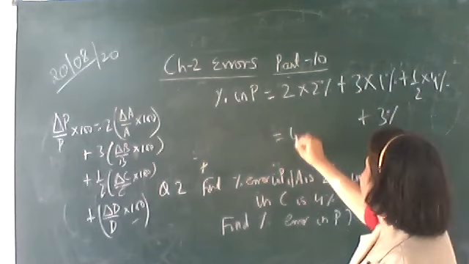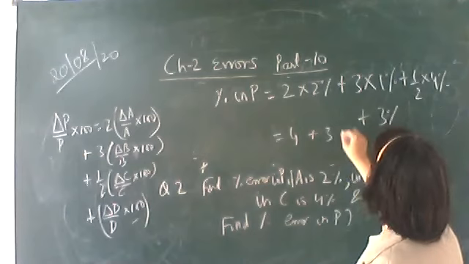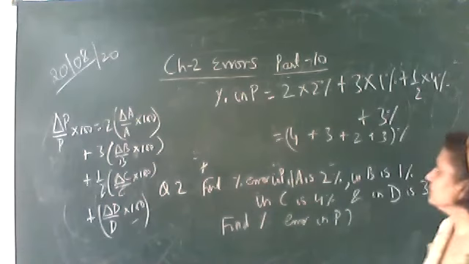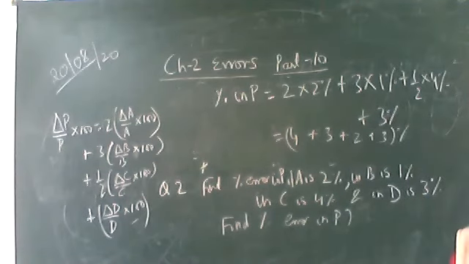So you can simplify: 4 plus 3 plus 2 plus 3%. That is how much? 12%.